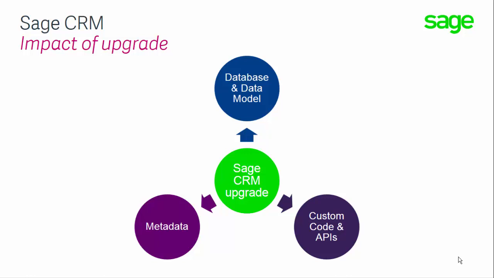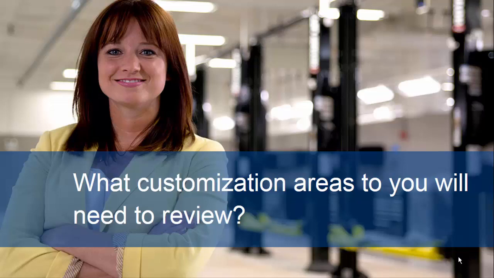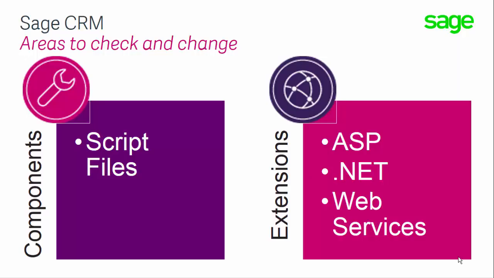Consequently, when you are advising partners during their process for upgrade, what are the customization areas that will need to be reviewed? Well, they're going to need to check what work is required to ensure that components, thinking here for developer partners who are creating components that need to be dropped in to Sage CRM 2018, that whatever used to work for Sage CRM 2017 will still install correctly in this new release of Sage CRM 2018 R1.